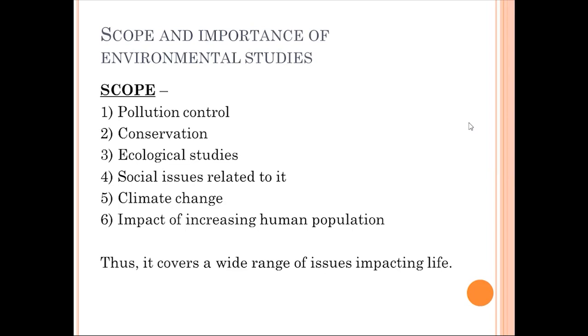So, keystone species are those which are very crucial for the integrity of the ecosystem. They define an entire ecosystem because of which they need to be conserved. For example, tiger. So, conservation of species is needed to prevent their extinction.